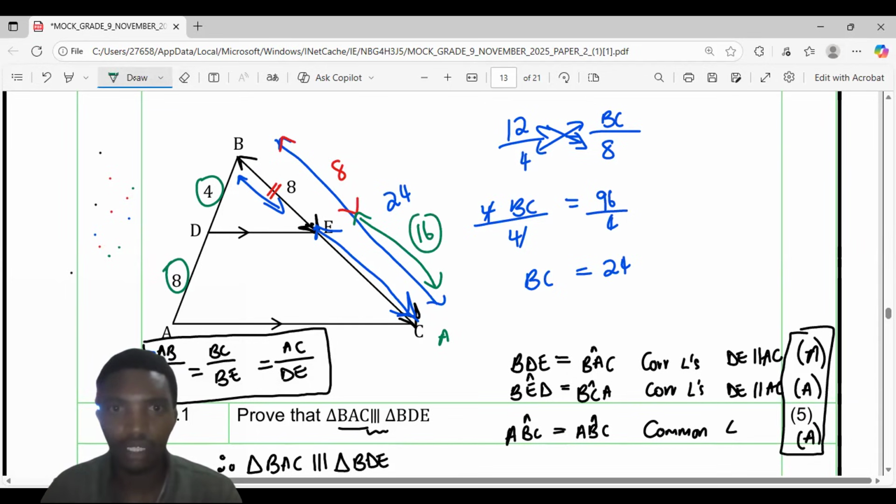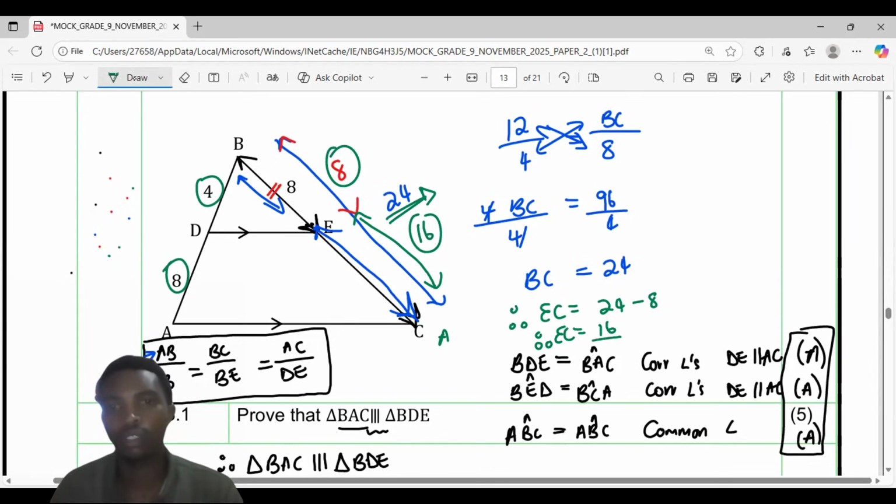Because when we add 16 plus 8, it gives us 24. So finally, we say, therefore, that length, which is EC, is going to be 24 minus 8. Therefore, EC is equal to 16. That's how we go about it. Any question?